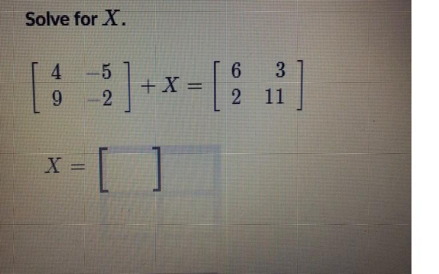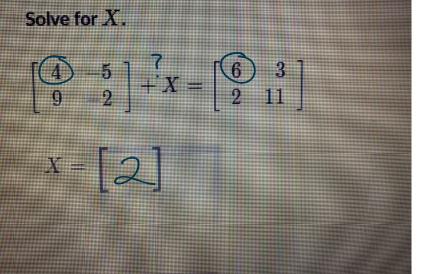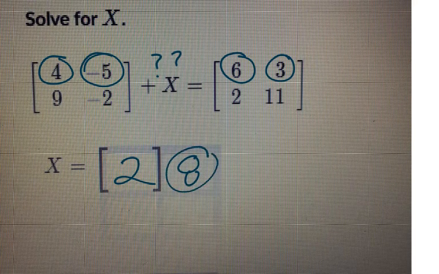Check out this one, guys. 4 plus what in here would give me 6? You would put a 2 there, right? 4 plus 2 is 6. A negative 5 plus what in here would give me 3? That's an 8, right? Isn't 8 minus 5 3? Yeah. All right, let's do the next row. A 9 plus what in here?